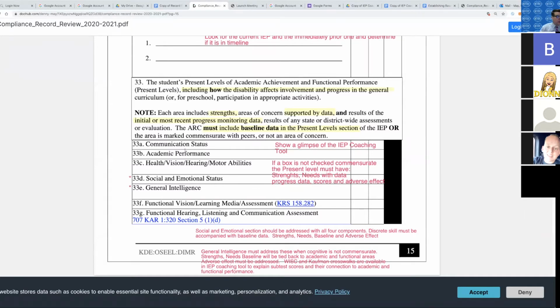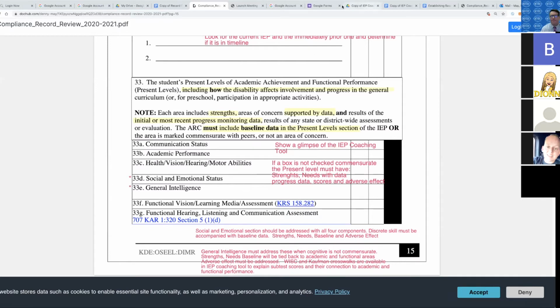So when we look at communication status, I would say the number one thing that is missed is that we don't see a lot of strengths. We do a good job of identifying what the student's not doing well, but we need to identify what the student is doing well. So we're looking for those four things.